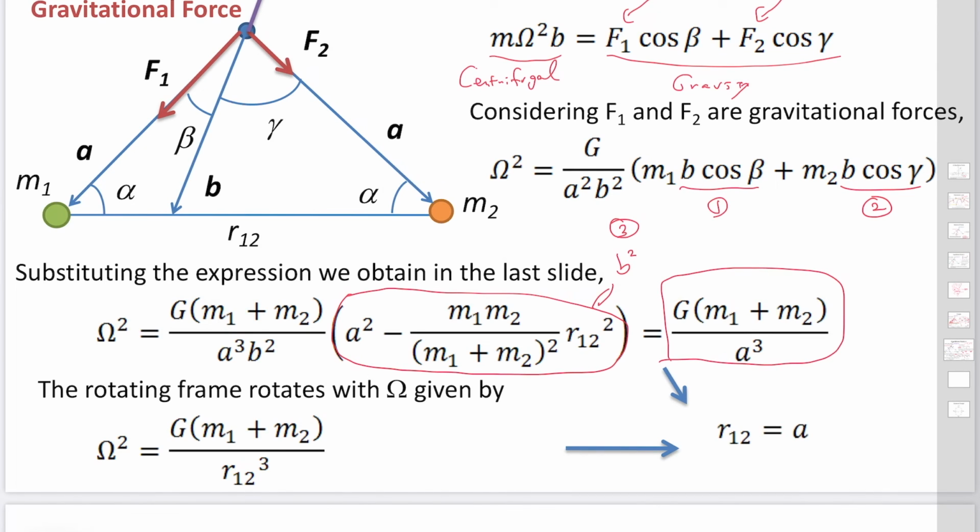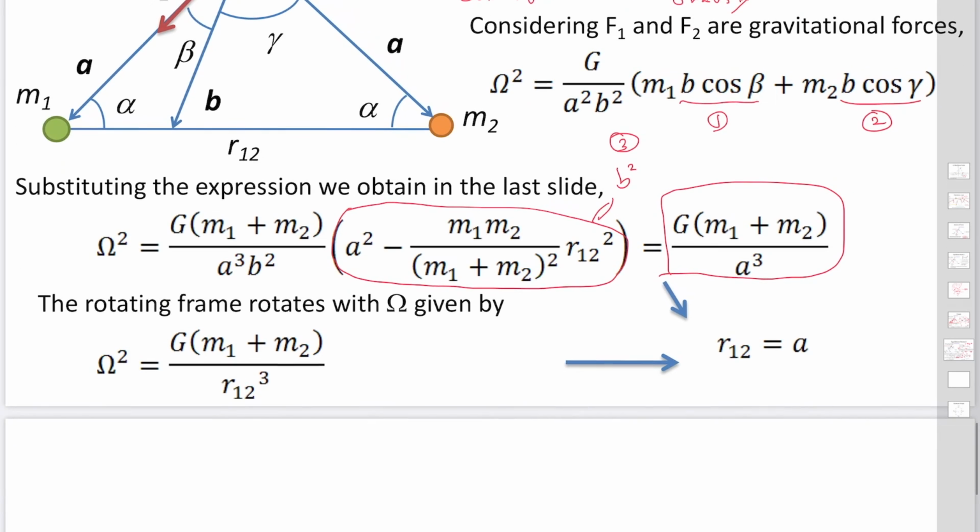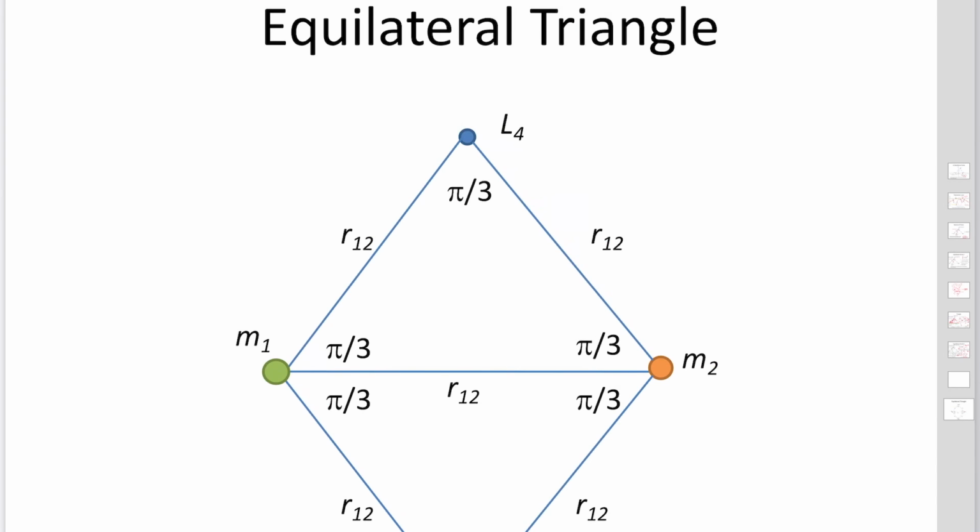And then from the definition of omega squared, we have already found these quantities. From these quantities, R sub 1 has to be equal to A. By considering the triangles, we finally reach this conclusion: equilateral triangles.